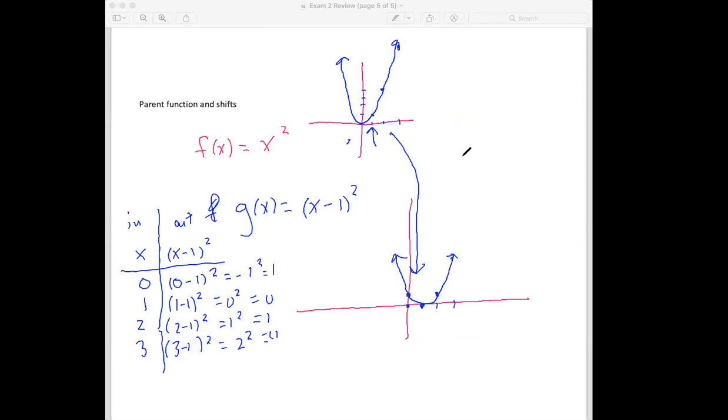So if we had h of x equals x to the third, and j of x equals x minus 2 to the third, this is going to shift right 2.